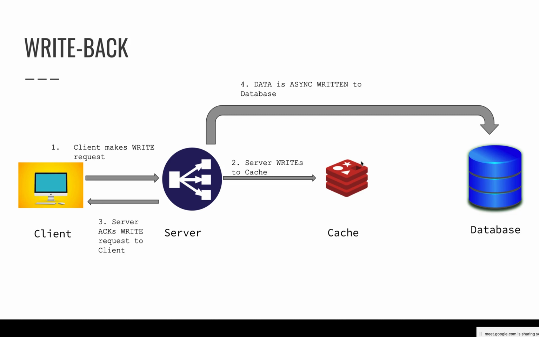So here is how steps take place. Client makes a write request, server writes the data to the cache only, and once it gets the acknowledgement from the cache, it responds back to the client that yes, your write request was successful.